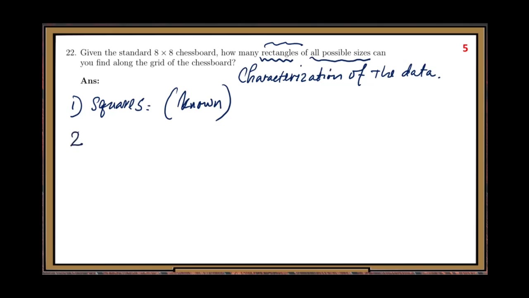Then the second type of rectangle: we consider the non-square rectangles. So the remaining, after the first one, we need to characterize the non-square rectangles. For the non-square rectangles, there are two orientations.